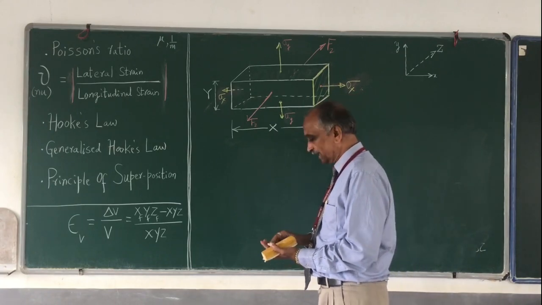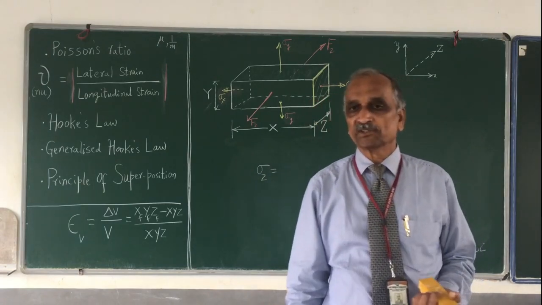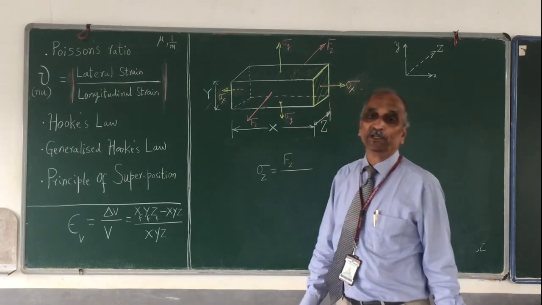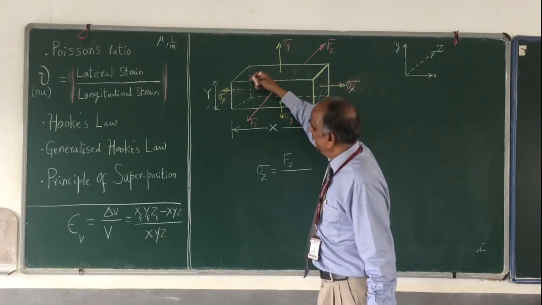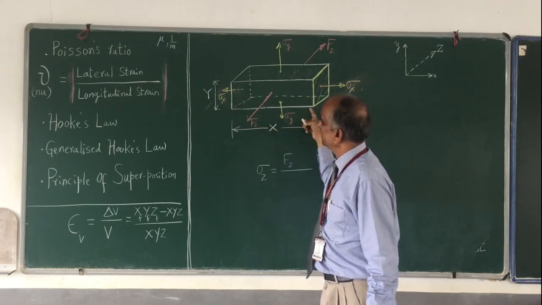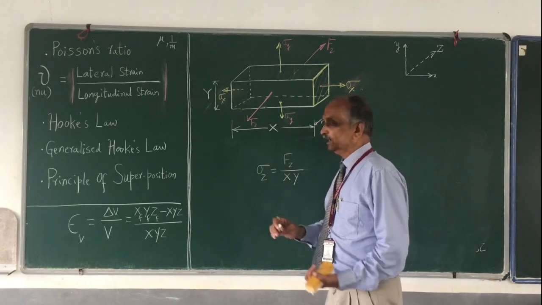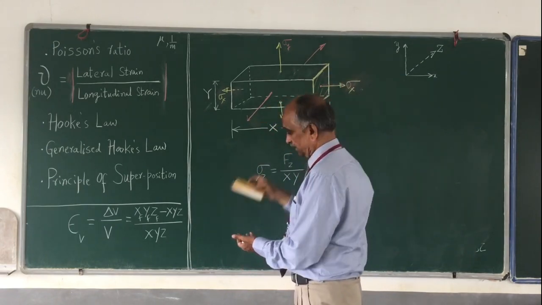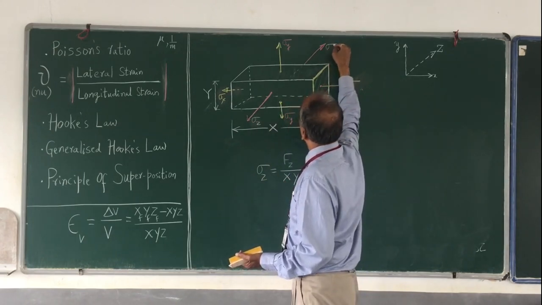Then I shall calculate sigma z, the normal stress in the z direction. Sigma z is equal to Fz divided by the area perpendicular to the load. What is the area? That is nothing but this area. This dimension is x, this dimension is y, therefore divided by x into y. If you do it, you will get sigma z.